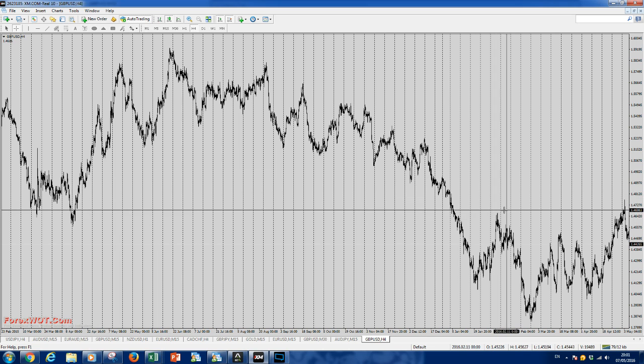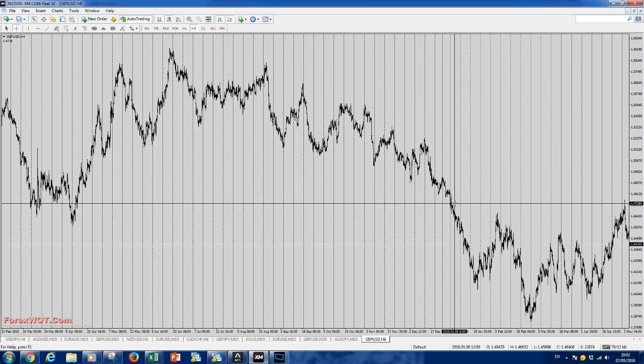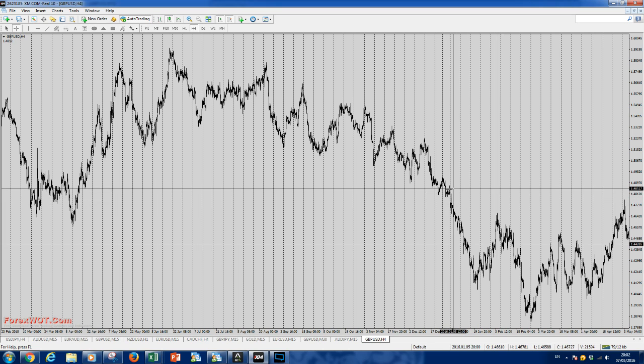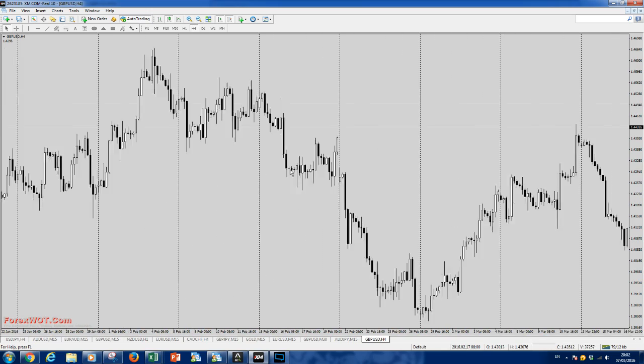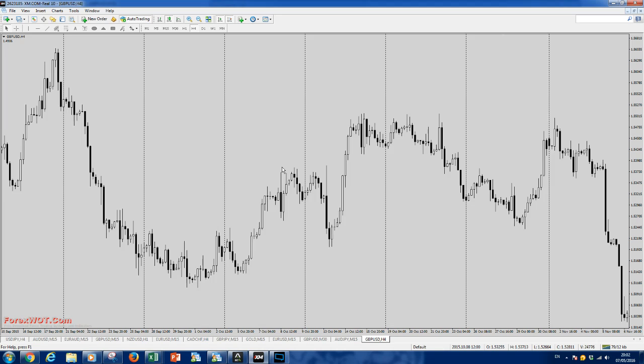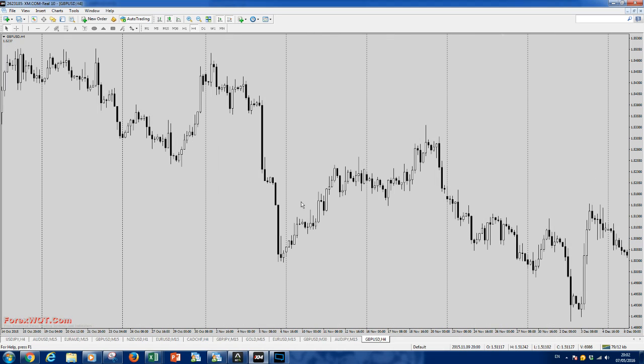So I'm not going to go back to this date here. I'm going to start from, let's say, the 4th of January. I'm going to zoom in first and go all the way back to the 4th of January.